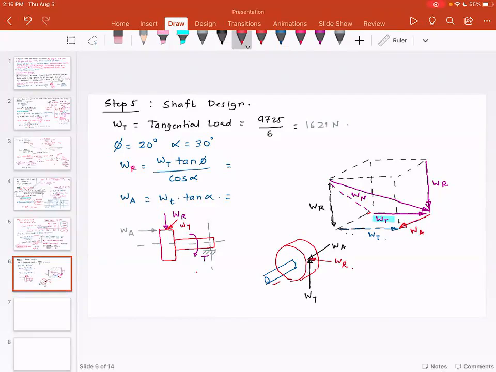And if you think about it, the bearing is here. So now let's look at the moments that are given by each of those.